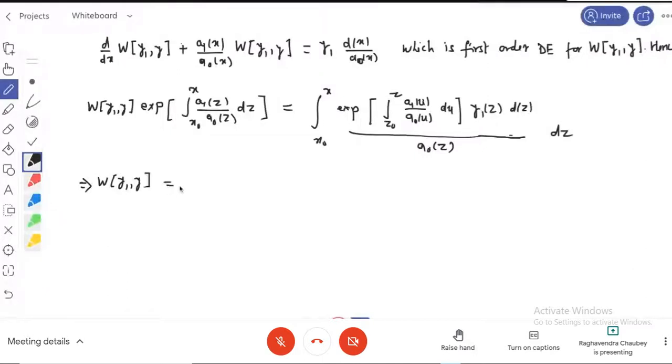This can be rewritten as follows: if we take this exponential term to the right-hand side, it becomes a minus sign, because the exponential of that is equal to minus of that.